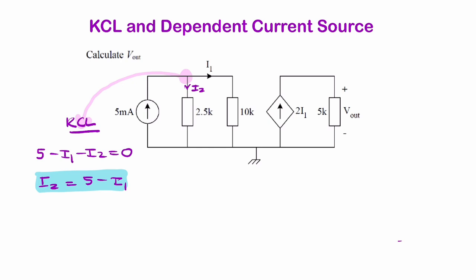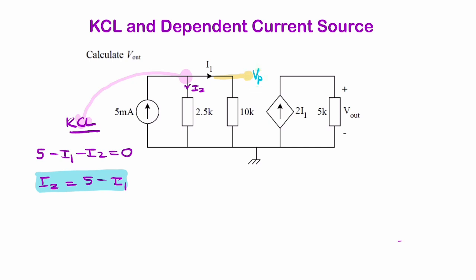Second step, I would look at this potential here. Let's call it VP, because you have these parallel resistors. Why are they parallel? Because they're connected at both ends.